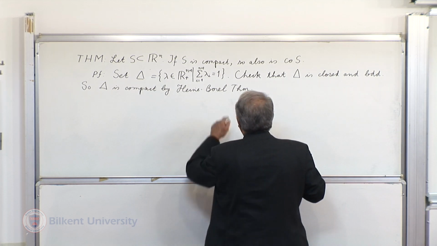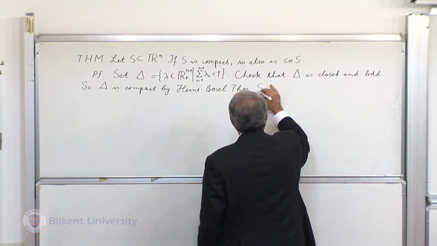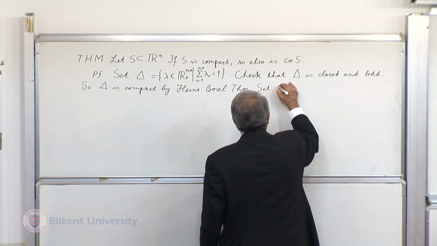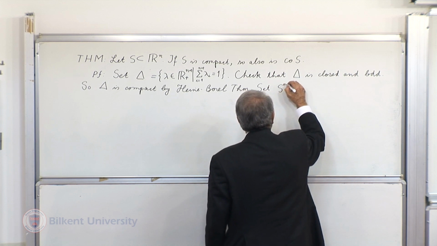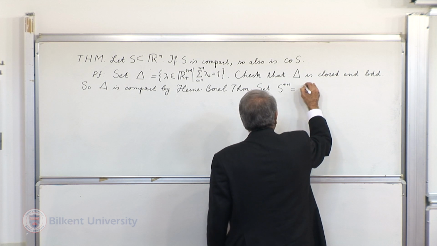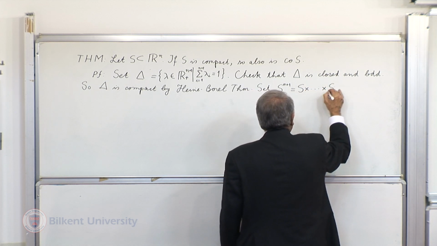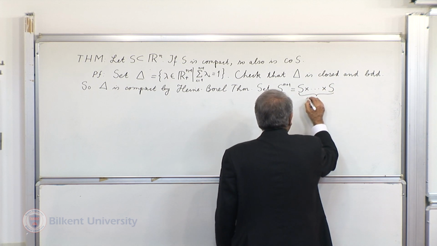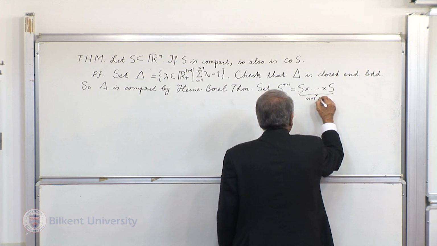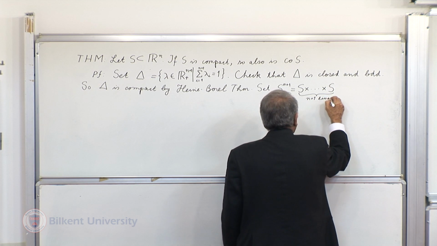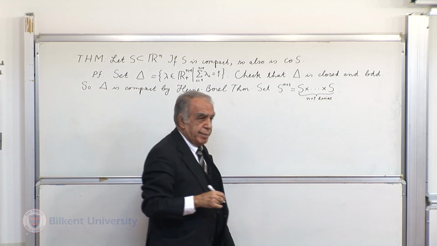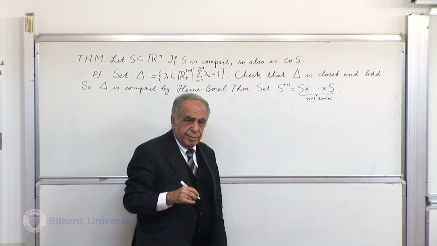Now, delta is compact by this. Now, set S n plus 1 as the Cartesian product of S with itself n plus 1 times. Okay?